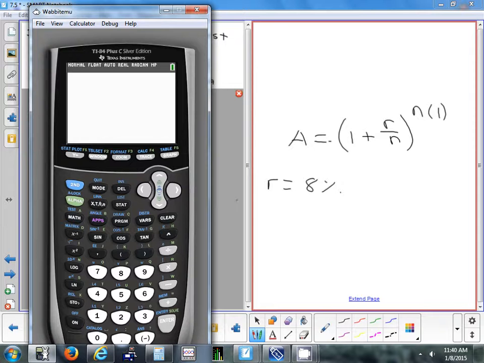Okay, let's just try an example on here and see what happens. Let's let n be, let's try 100. Okay, so let's take 0.08 divided by 100, plus 1, raised to the 100th power. Okay. Get that number.